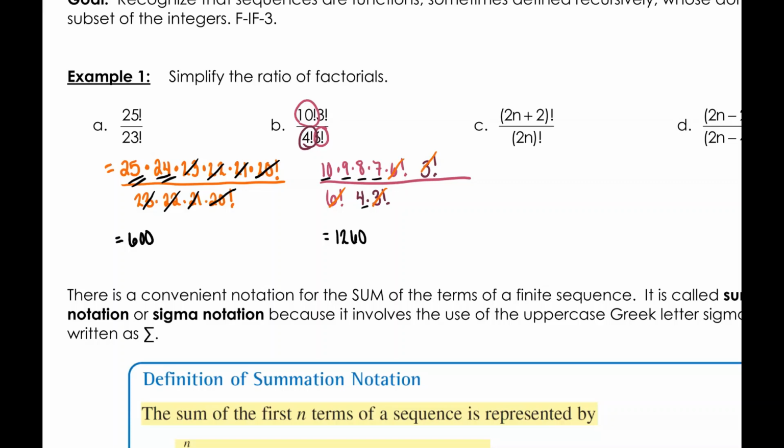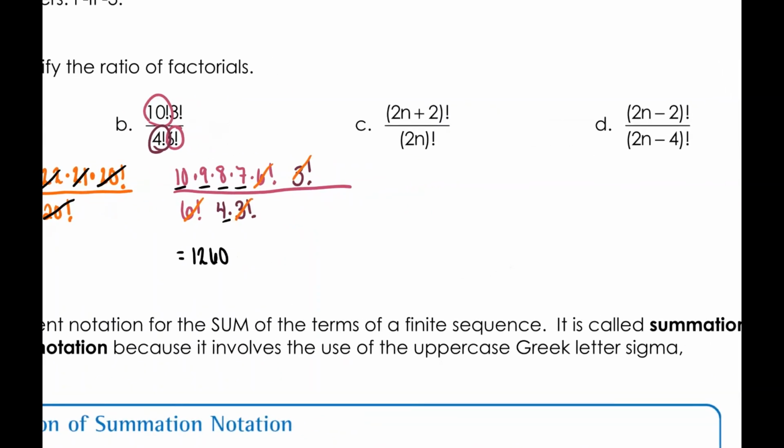Now, what happens when we have a polynomial? Well, (2n plus 2) factorial is going to equal 2n plus 2, because that's your starting point, and then 1 less than that would be 2n plus 1, and then 1 less than that would be 2n, and then I'm going to stop the factorial there, because notice that I have the quantity of 2n factorial in the denominator.